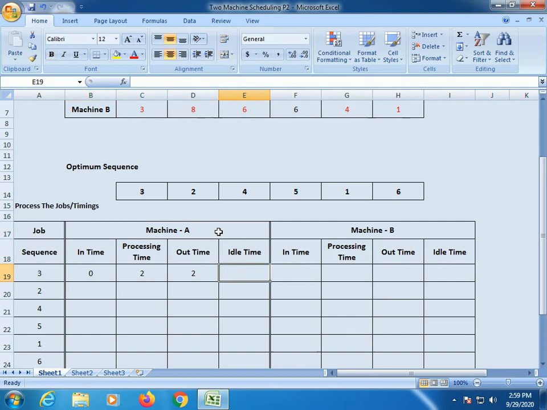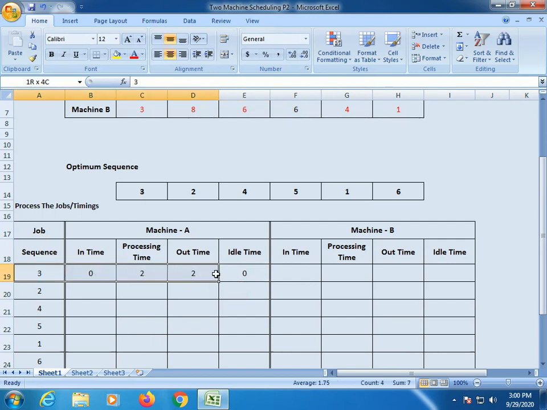Here this machine didn't wait for any job, because this job started at 0 hour, processed 2 hours, and came out of the machine at 2 hours. So the waiting time of machine A is 0 hours. So this is about the first job.